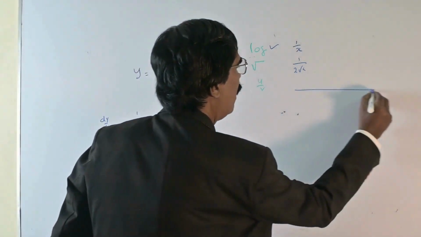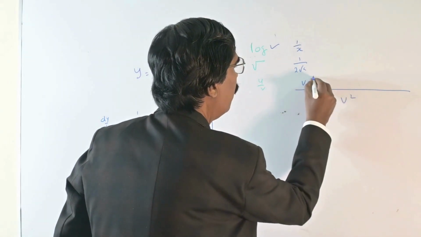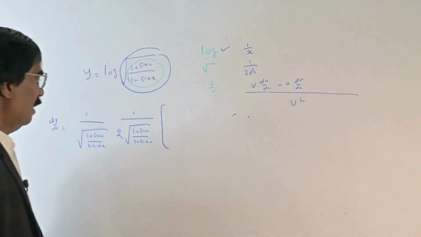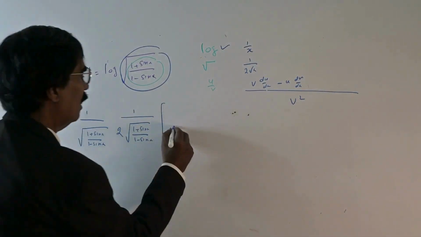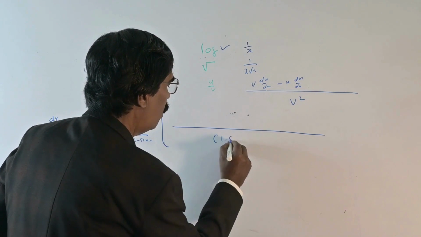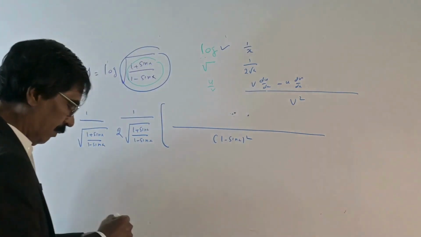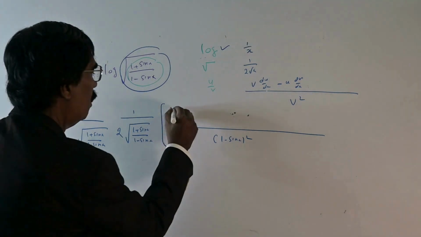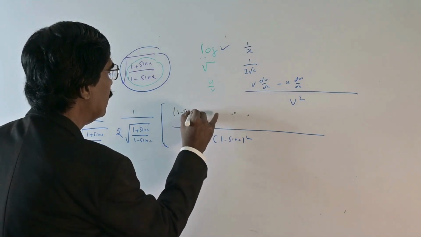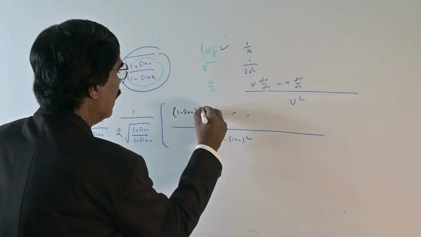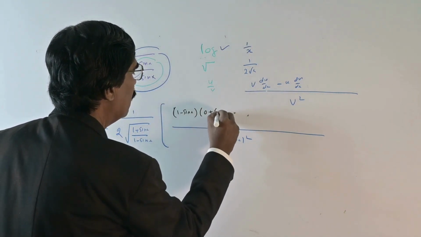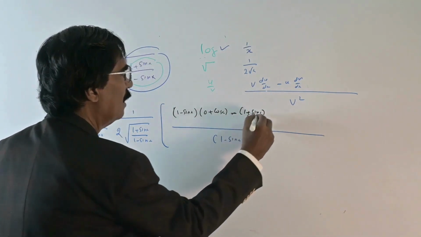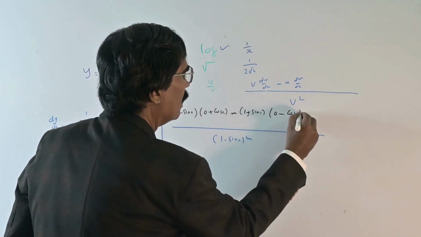Right? Now listen. This is u by v. For u by v, what is the format? v square in the denominator, v into du/dx minus u into dv/dx. Right? Now listen. Divided by 1 minus sin x the whole square, and look, v into 1 minus sin x into this, when you differentiate, 0 plus cos x, minus 1 plus sin x as it is, 0 minus cos x.